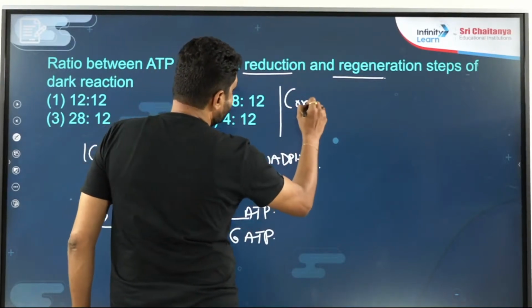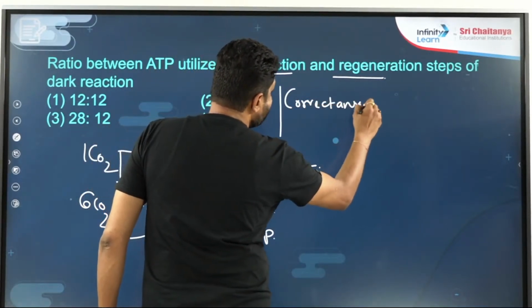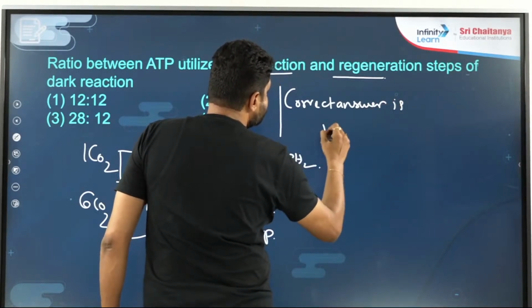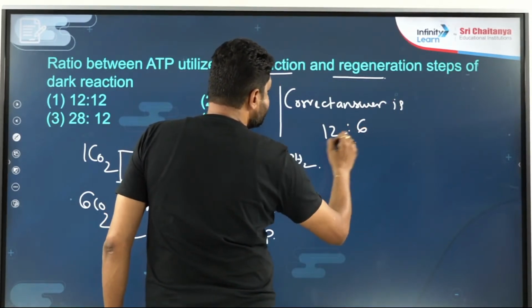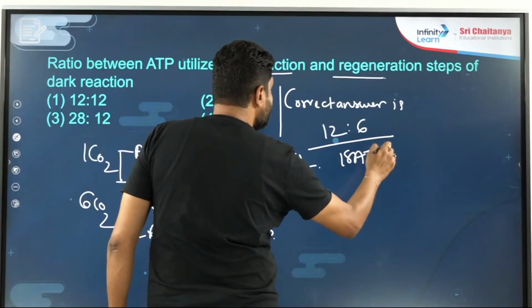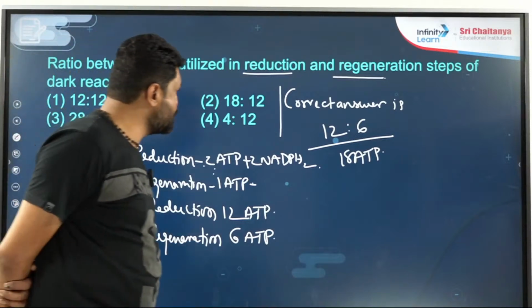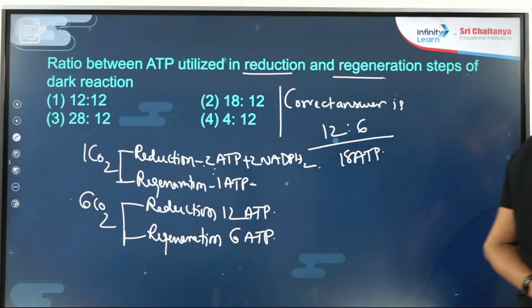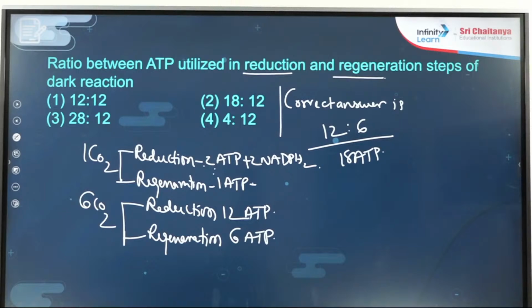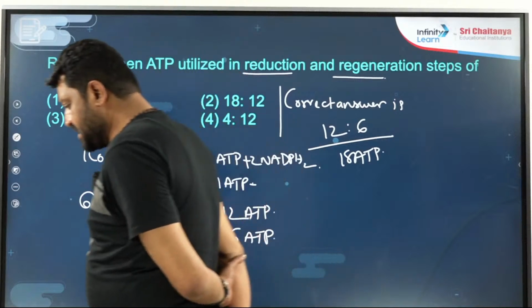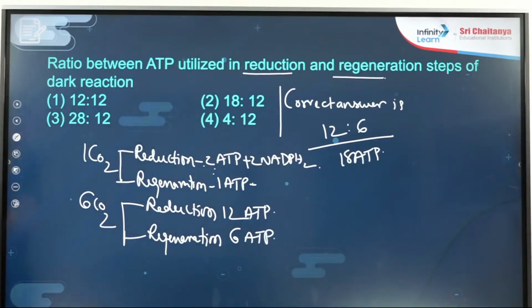The correct answer is in reduction 12, in regeneration 6, total 18 ATP is required. The correct answer is 12:6, that is 2:1. Students, could you now understand this question and answer? I repeated this answer 2 times so that you have your notes perfectly for the upcoming questions. Clear? Shall we go to the next question?